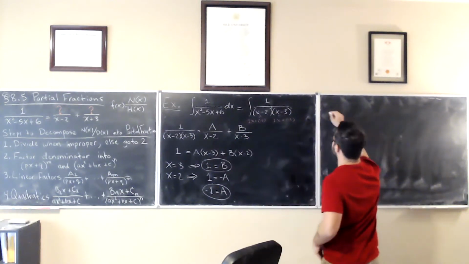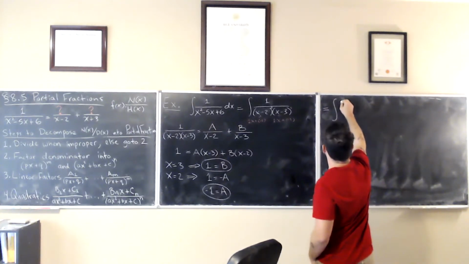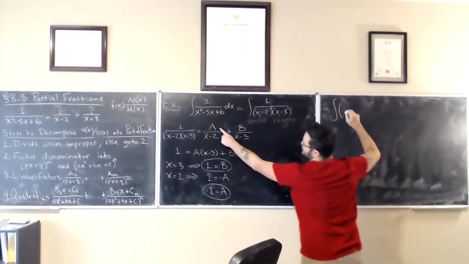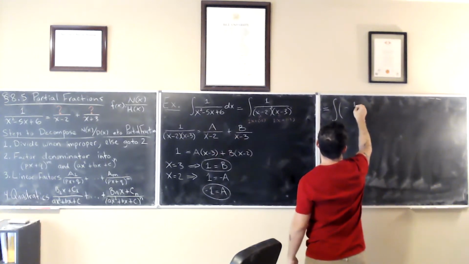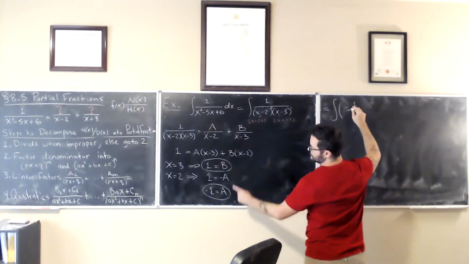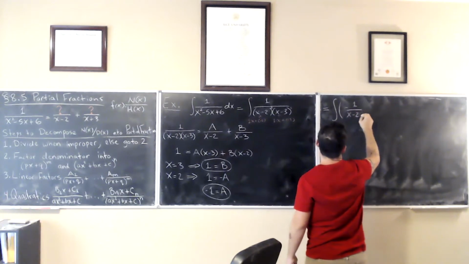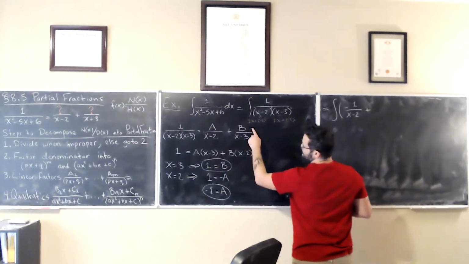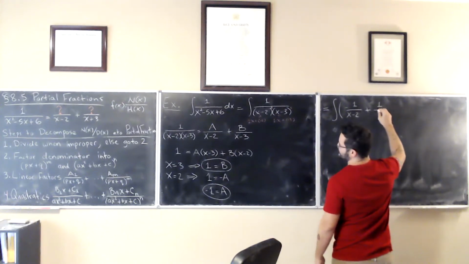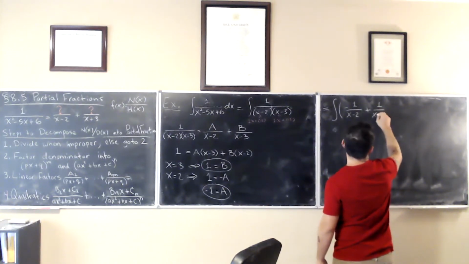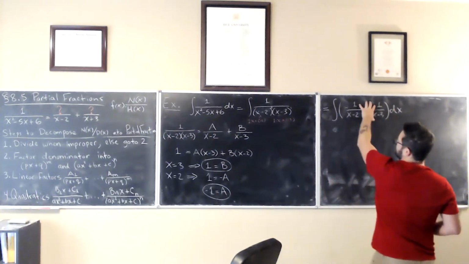So now if I look at this integral, I can rewrite it as a sum. So minus 1 over x minus 2 plus, what is b, 1, so x minus 3, all dx.